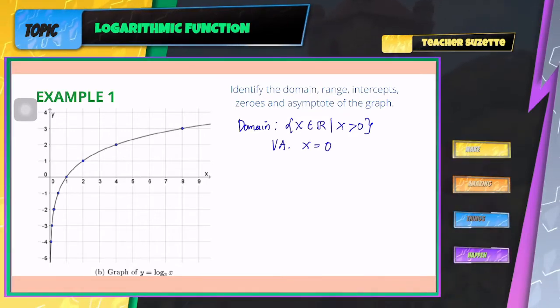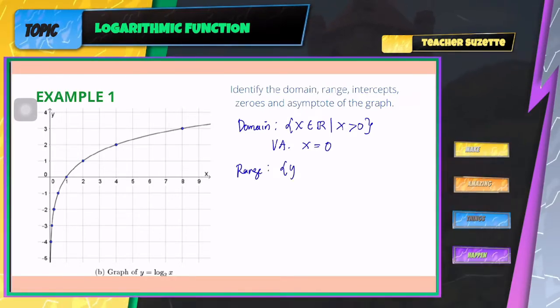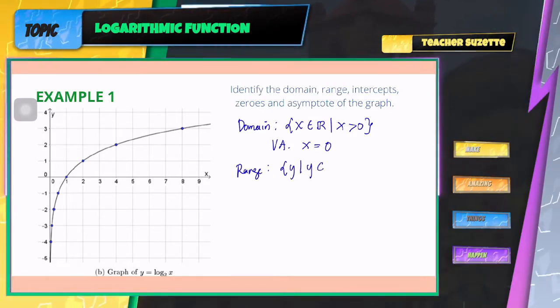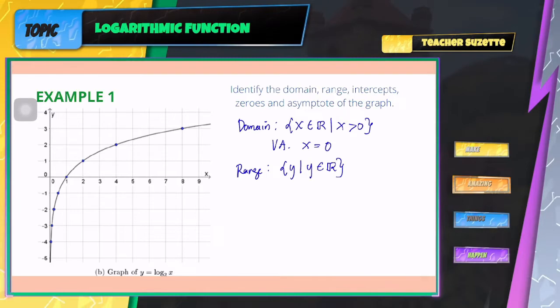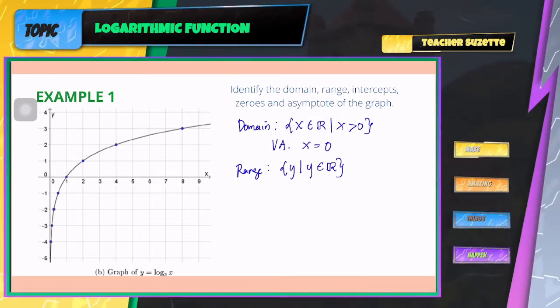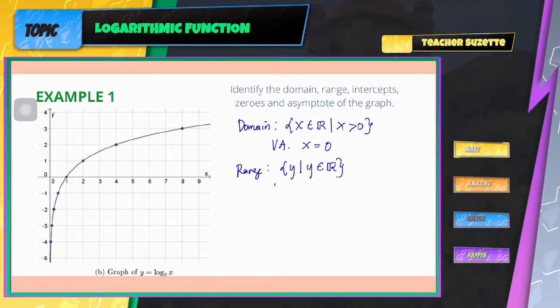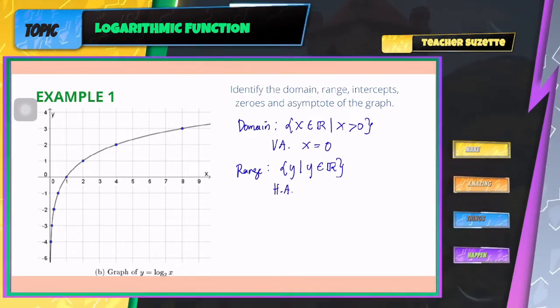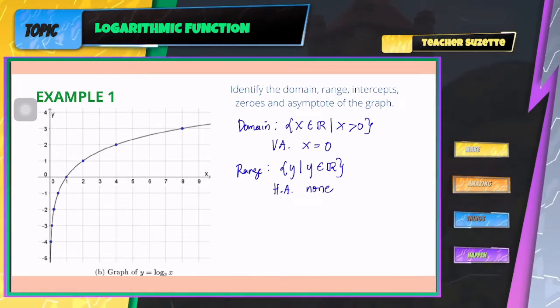So therefore, our range for this graph is the set of all real numbers. And because the range of our graph is the set of all real numbers, we can also conclude that we don't have a horizontal asymptote.